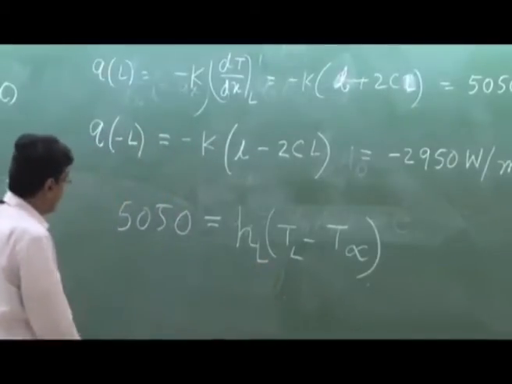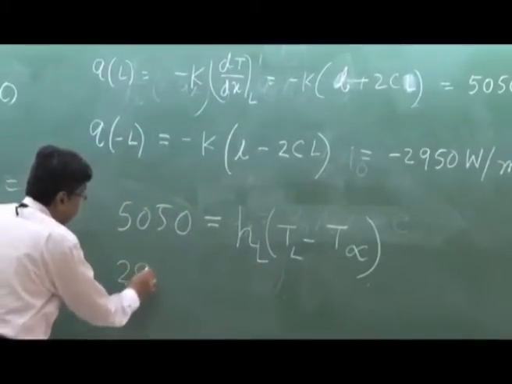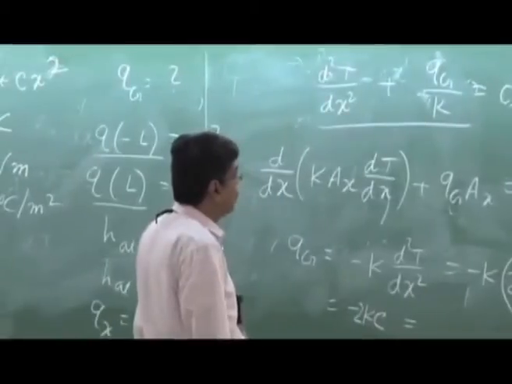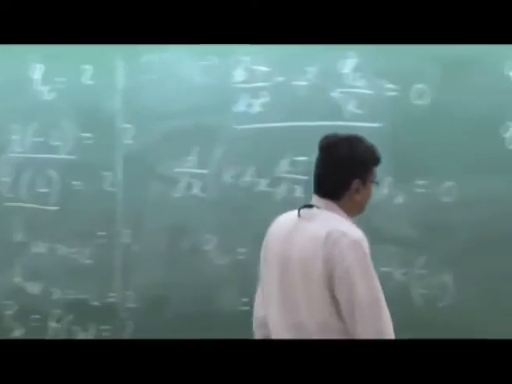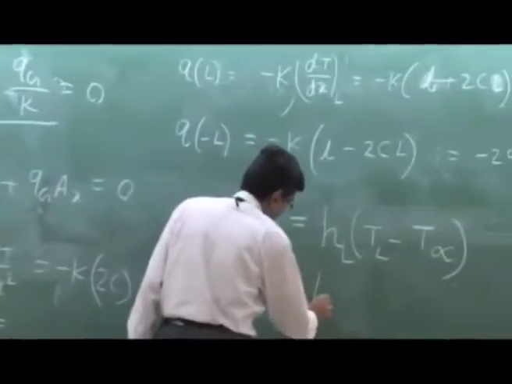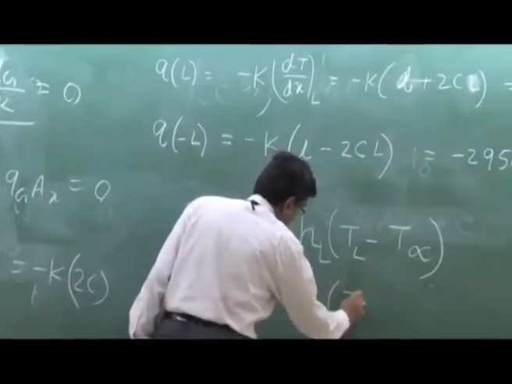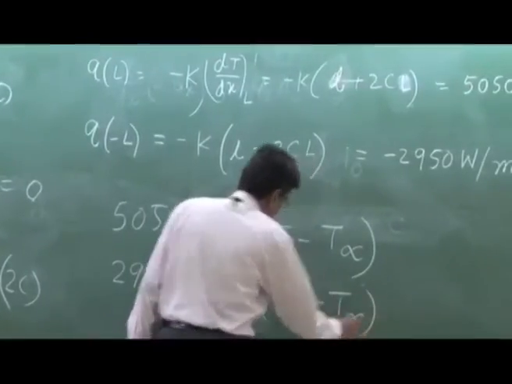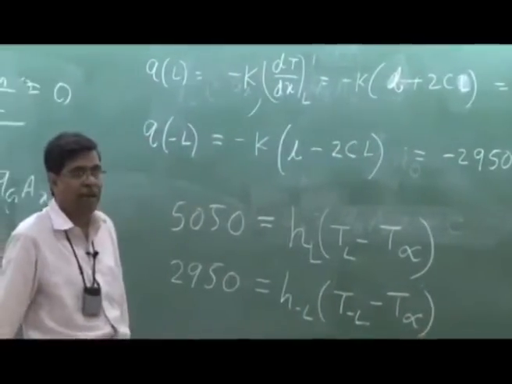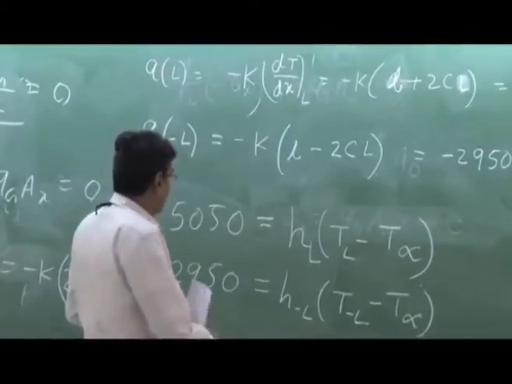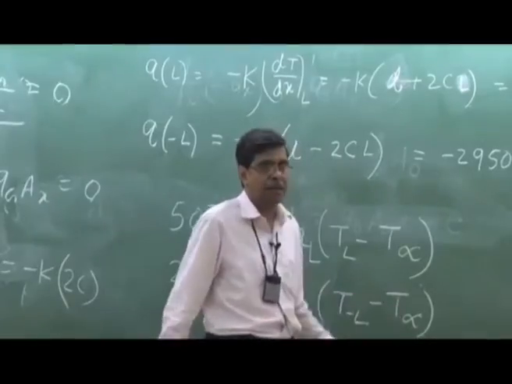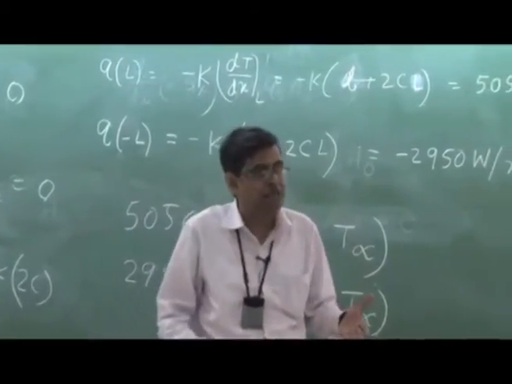H at minus L, you take the scalar value, this is the heat to be transferred, and this will be equal to T at minus L minus T infinity. Whenever I am finding out with the surface temperature minus the free stream temperature, the surface temperature is always higher than the free stream temperature.